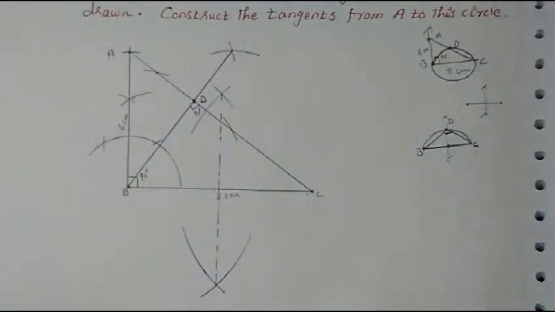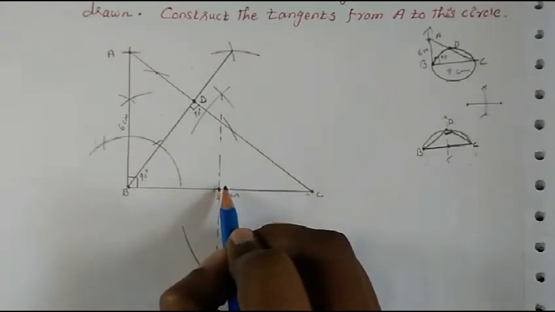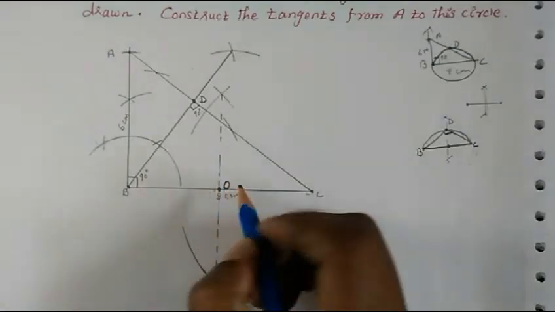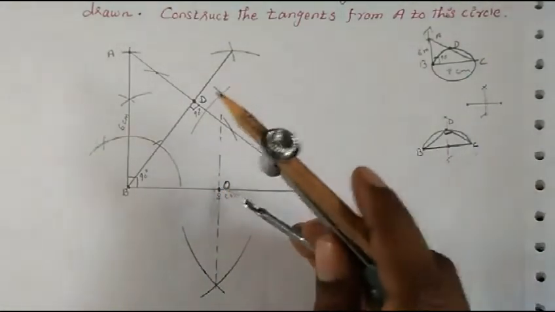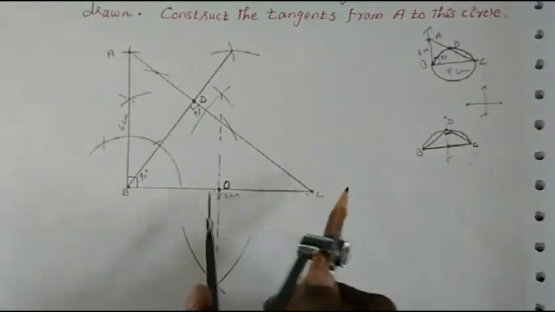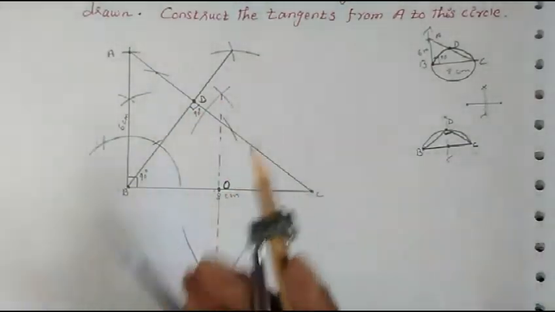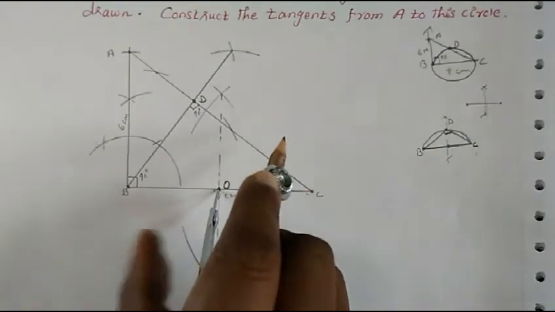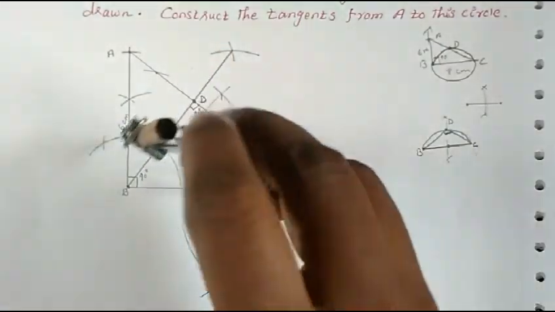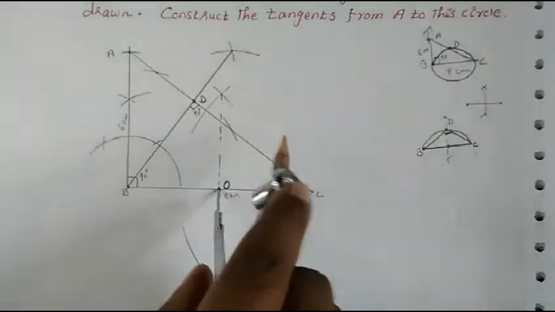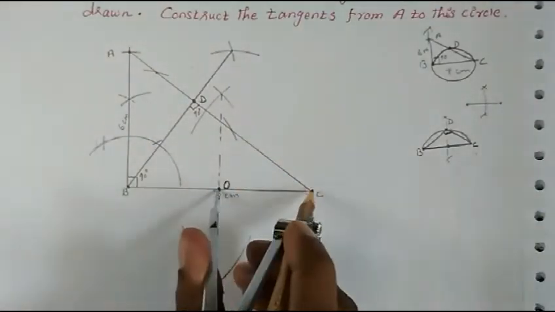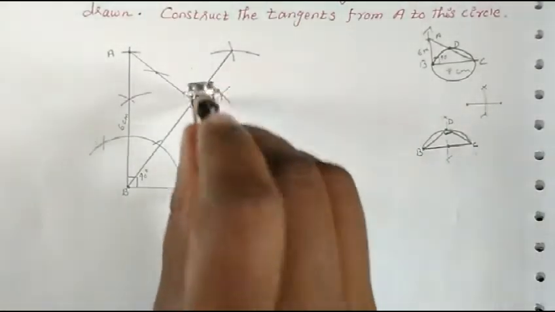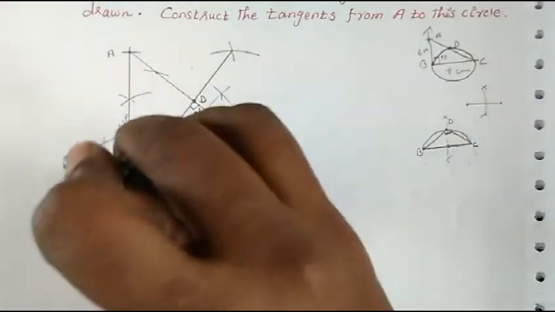So now we found the midpoint. We got the midpoint for this, or you can say this is O, origin. Okay, so now let's keep this compass and take the measure. And you see, since this is the center, then you can draw a circle now.